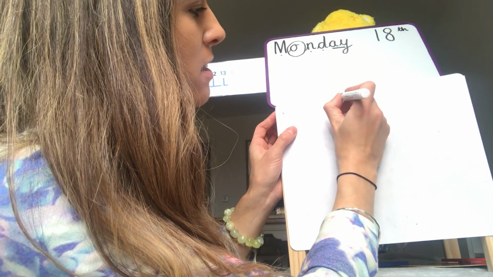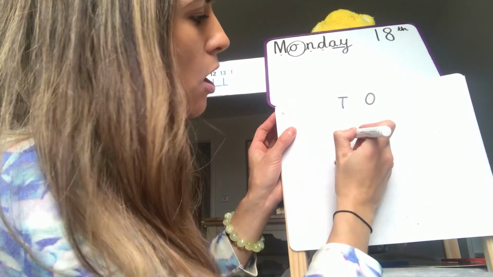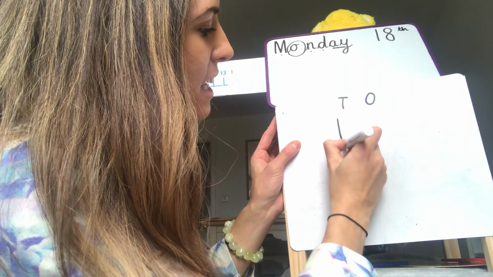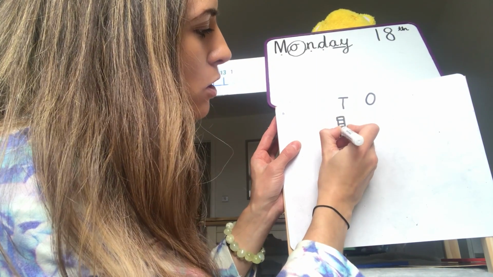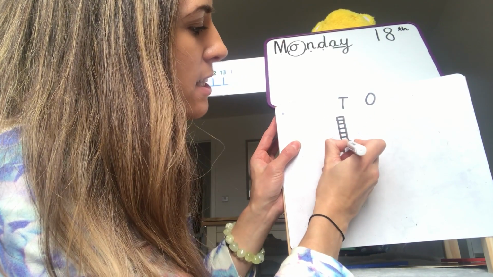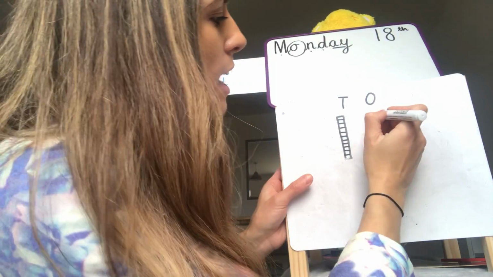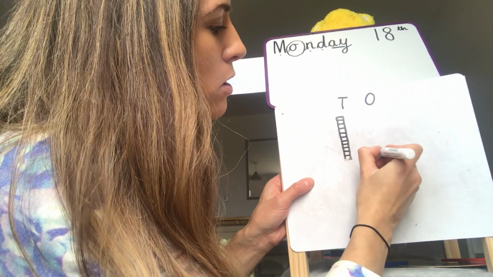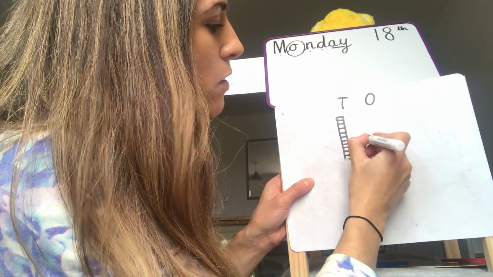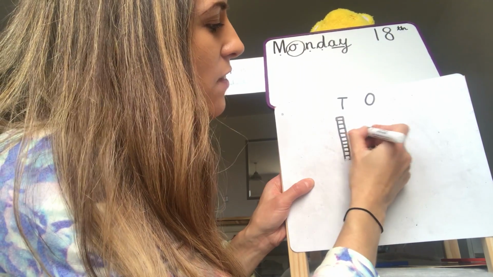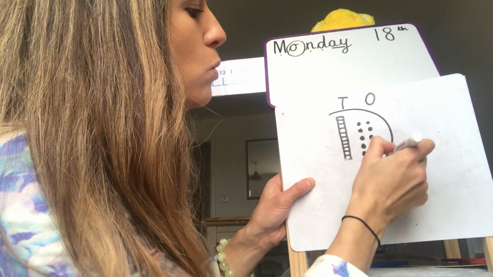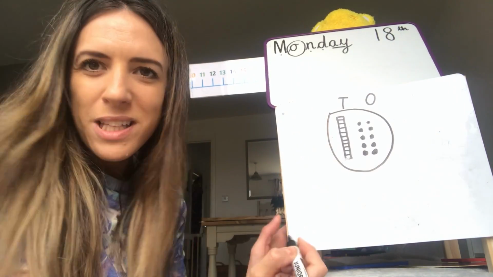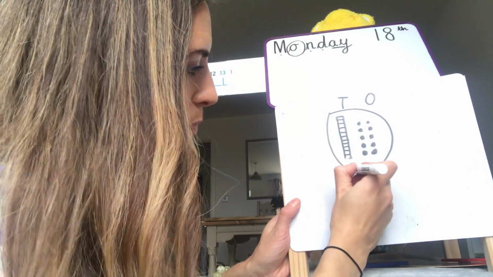So 10s, 1s, this is our whole amount. 18, 1 ten, 1, 2, 3, 4, 5, 6, 7, 8, 9, 10, and 8 1s. Super, that's our whole.